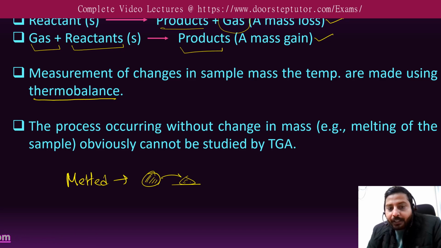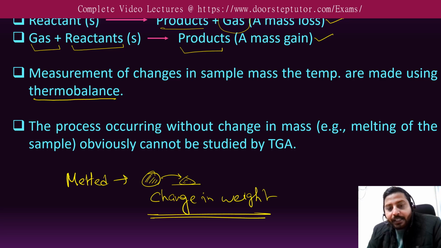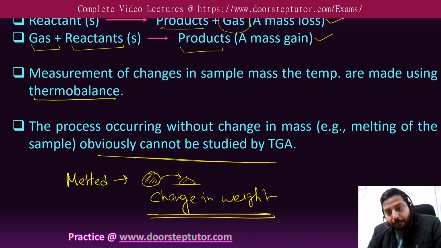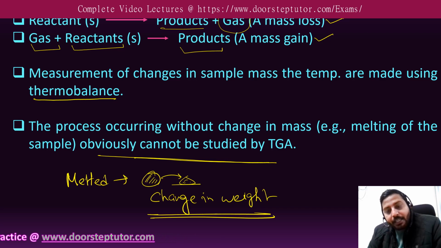When it melts, there is no change in weight. As there is no change in weight, we can't determine it using the TGA curve. Only a sample that loses or gains some weight during heating is determined using TGA.